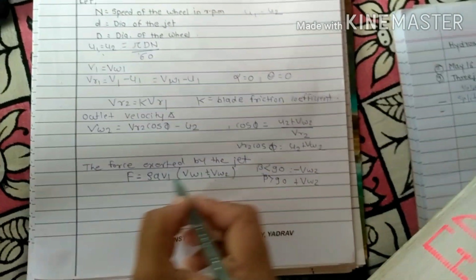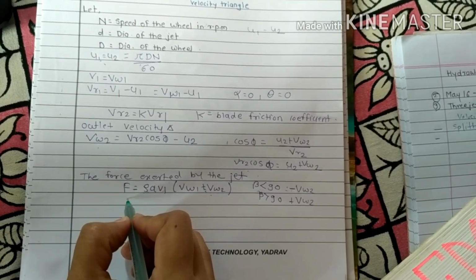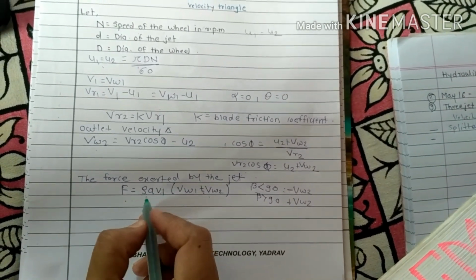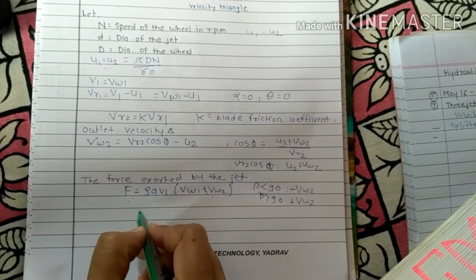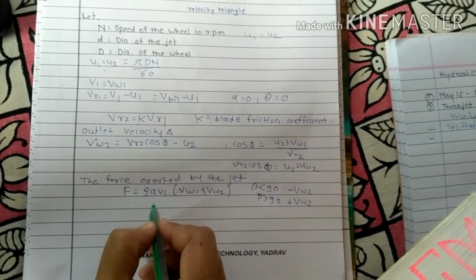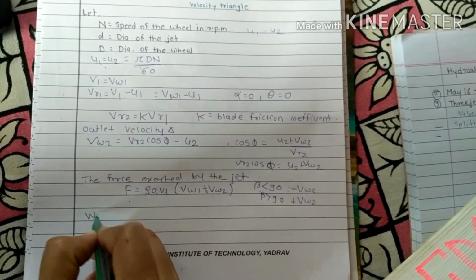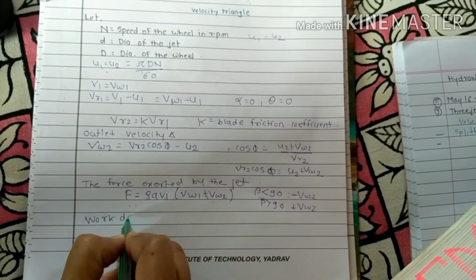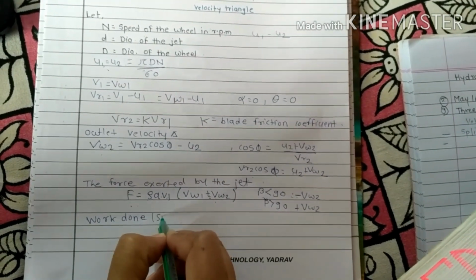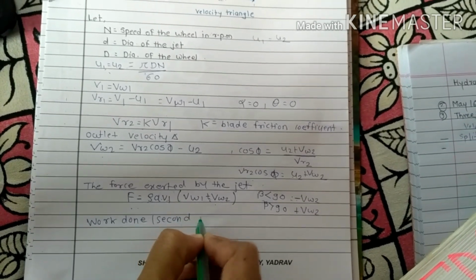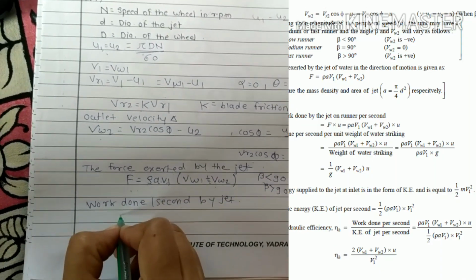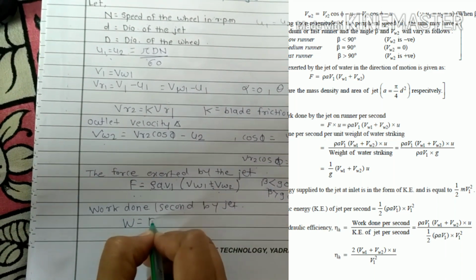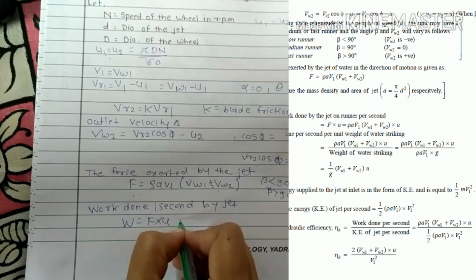Now once you calculate the force, the work done is nothing but force into distance, and after applying this much force on the turbine, the runner is rotating with the speed u. So we will get the work done per second by the jet, W, is equal to force into the distance traveled.